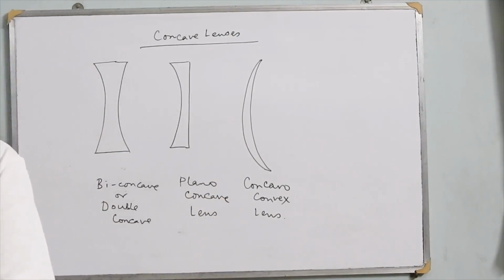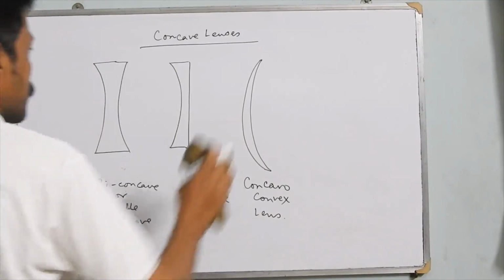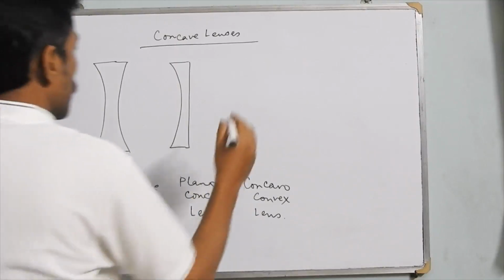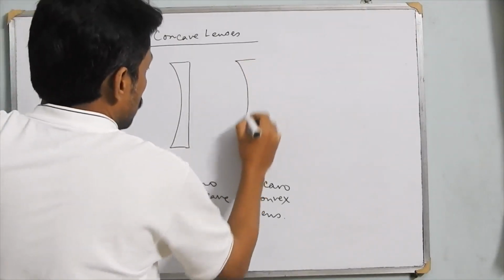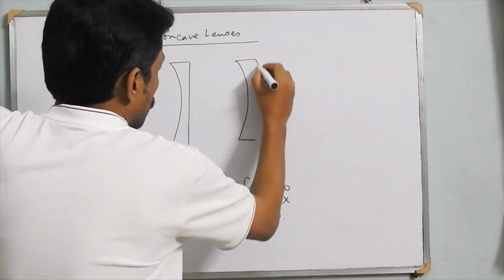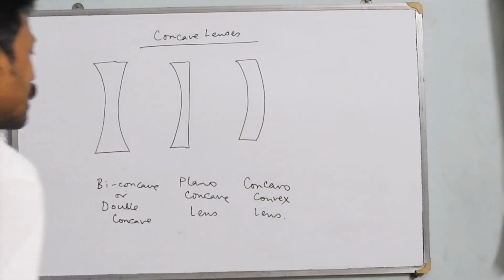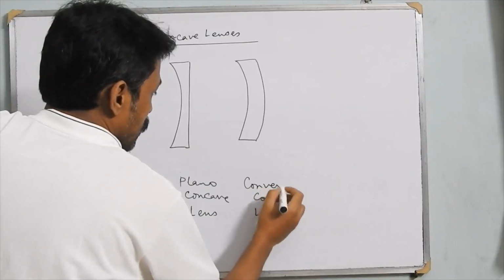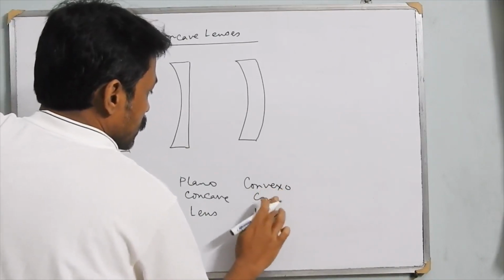And if one surface is convex and another surface is concave, then something like this you will get. It will be called a convexo-concave lens.